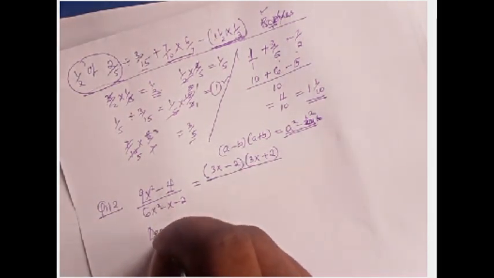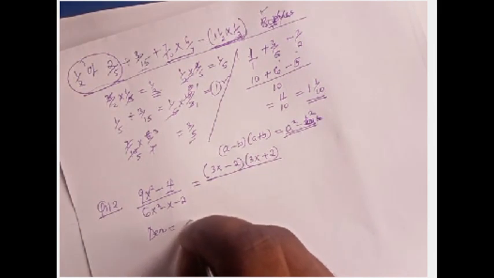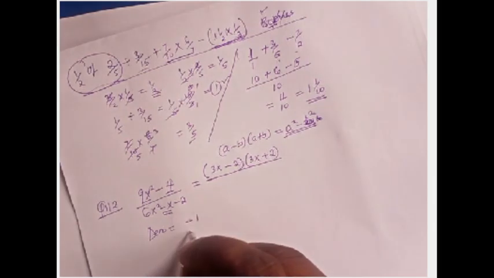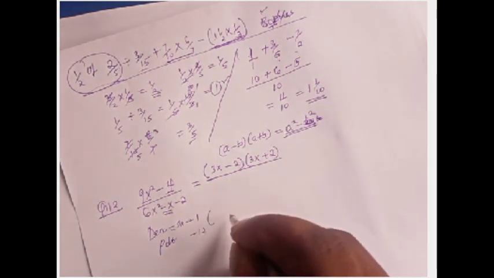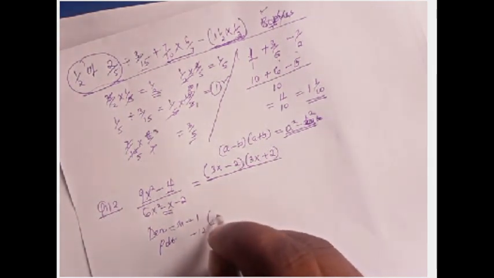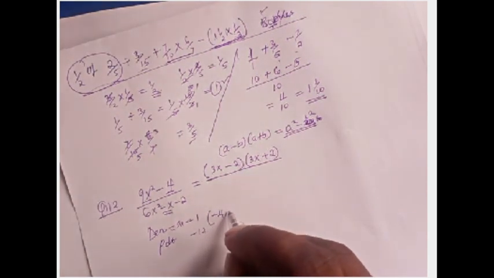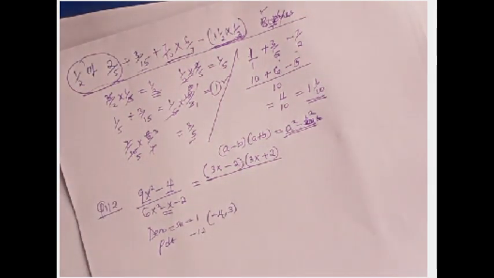In the denominator we have a sum of -1 and product of -12. Two numbers you add, you get -1: -4 and 3.